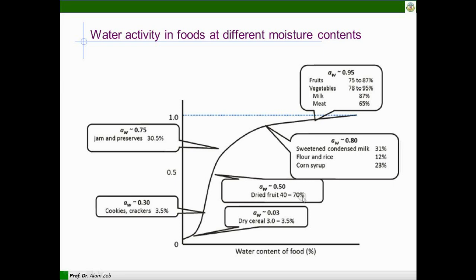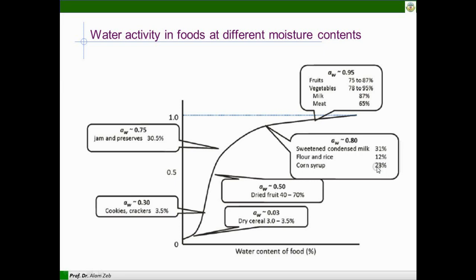Similarly, jam and preserves have around 30% water content, and the water activity is 0.75. Sweet condensed milk, flour, rice, corn syrup have different percentages of water, and the water activity is very high, 0.8.